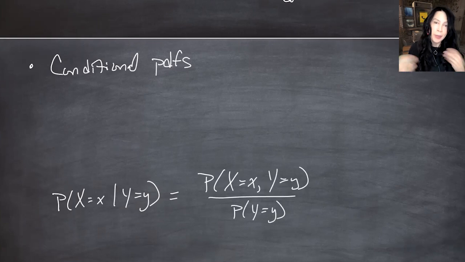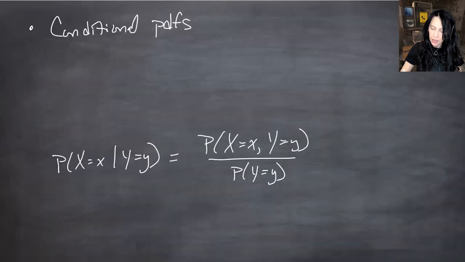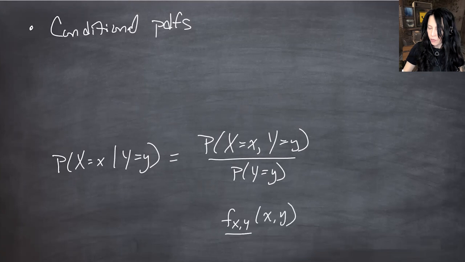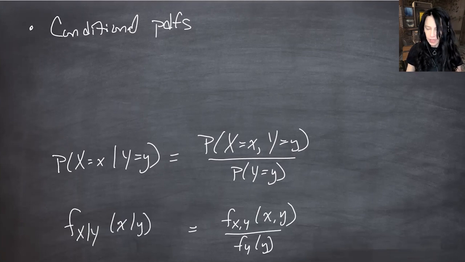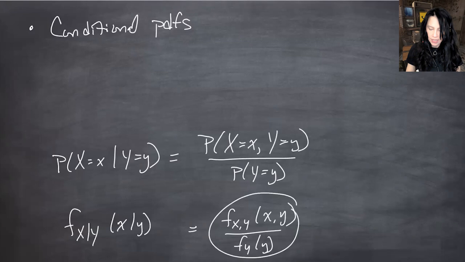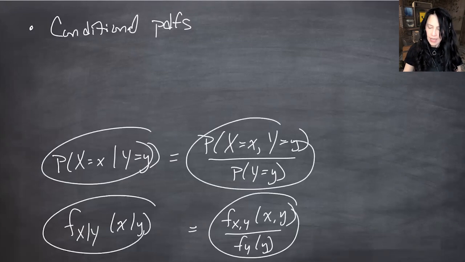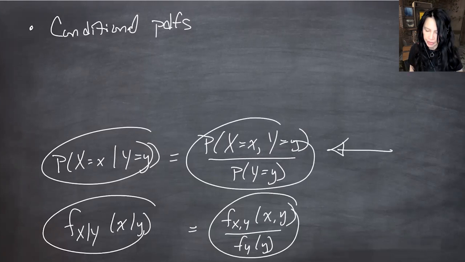And in terms of PDF notation for discrete random variables, we could call the thing on top the joint PDF or PMF over the marginal. And the thing on the left, we can call the conditional PDF for X given Y. And this equality here is just the definition of conditional probability.